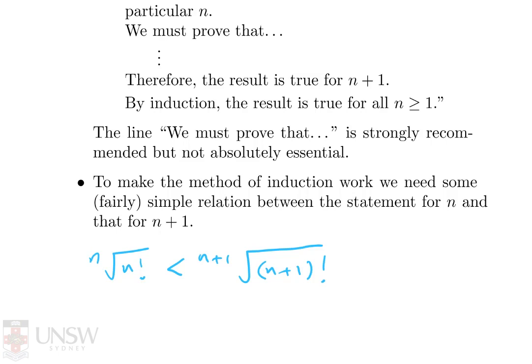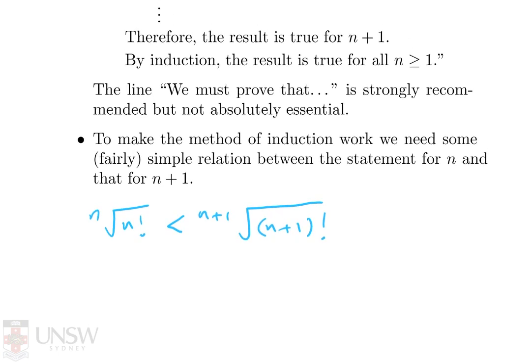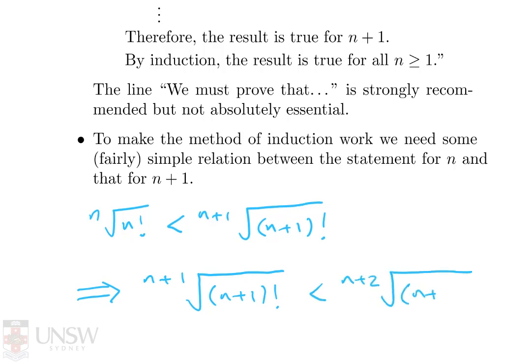Well, if we're going to do it by induction, then we have to make this assumption. We have to prove that that implies the same for n plus 1. In other words, we have to prove it implies the n plus 1th root of n plus 1 factorial is less than the n plus 2nd root of n plus 2 factorial.